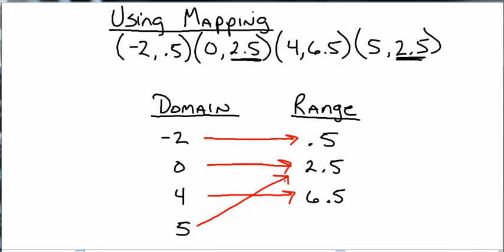Now you ask yourself, does each x have exactly one y? It does, doesn't it? Each of these domains has exactly one y. Okay? So, this is a function.